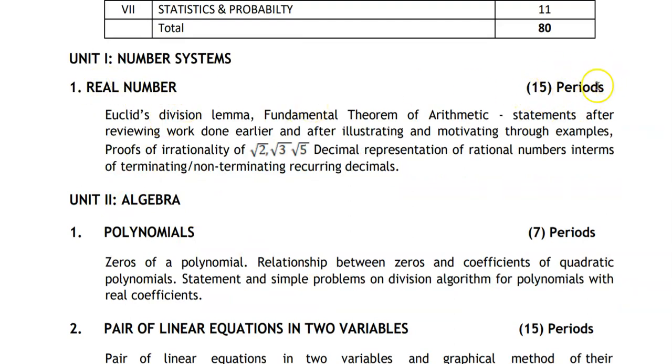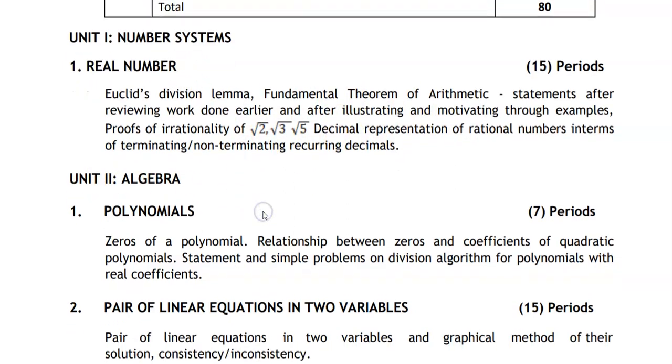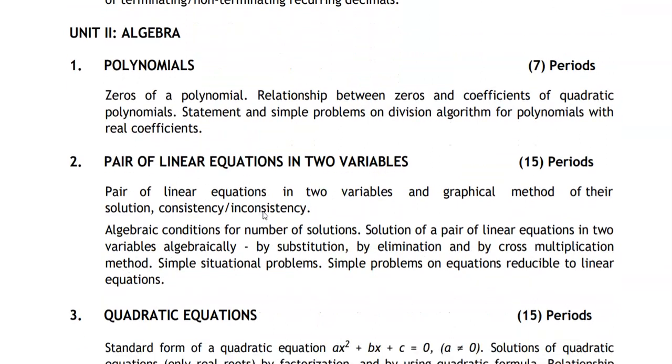Here this is the approximate time which the teachers are going to take to cover the syllabus. Done. This is real numbers and this is the portion and the syllabus we are going to study in real numbers. Next, unit number 2, algebra. In that, the first chapter is polynomials.